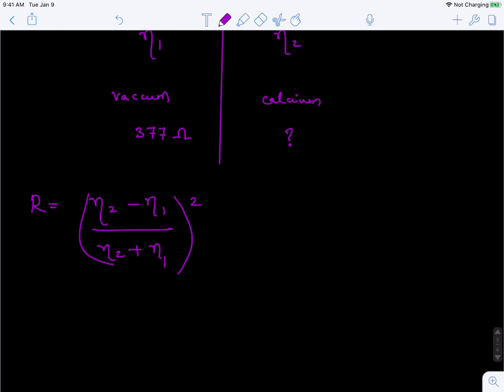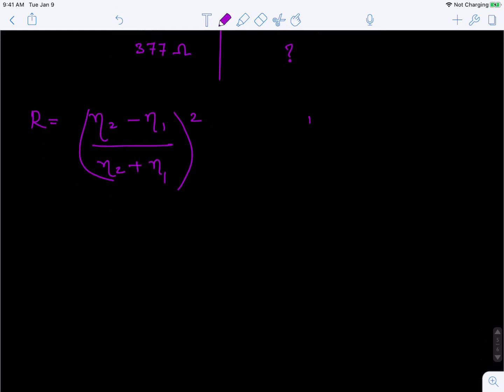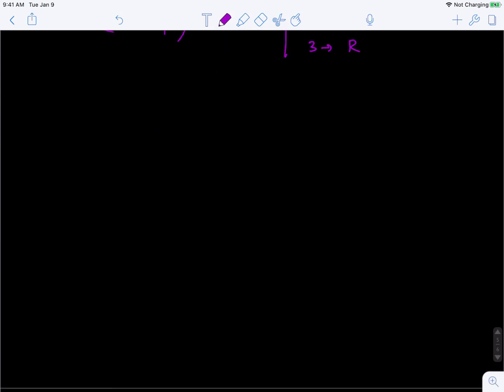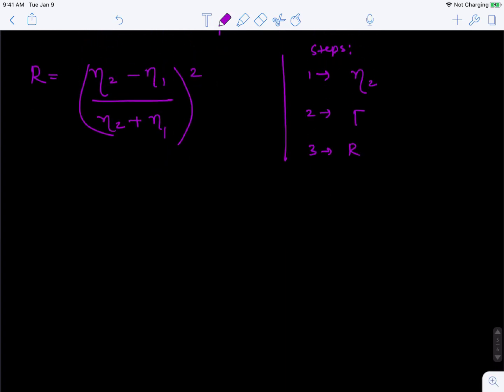We are supposed to derive this right now. So how do we go about doing it? First we find the expression for eta2, then we find the expression for gamma, and then we find the expression for R. So these are the three steps that will be used. So how do we find eta2?